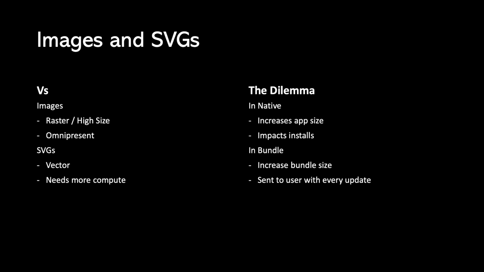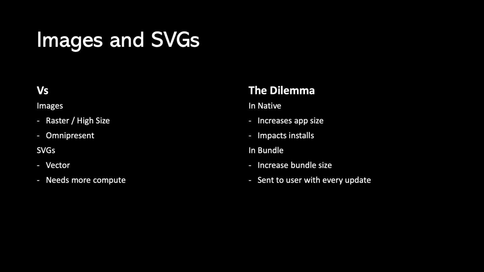There's another dilemma. Should we put them in native or should we bundle them with React Native and send over the air? If we put them in native, we are increasing the app size, which in turn impacts installs. So the first install that the user is going to do will get much bigger in size. And if we decide to bundle them together with React Native, then for the images that are not updated that frequently, we keep sending them with every update.